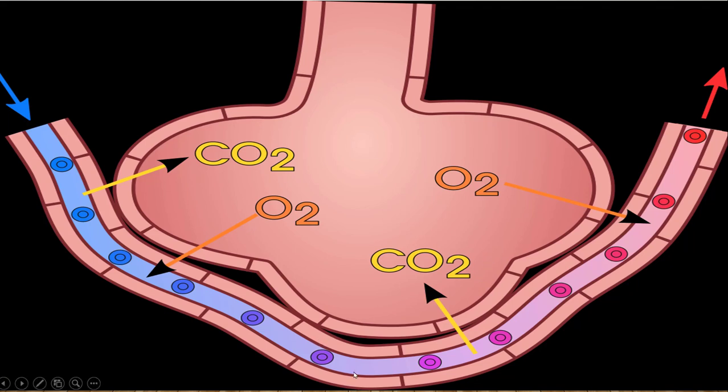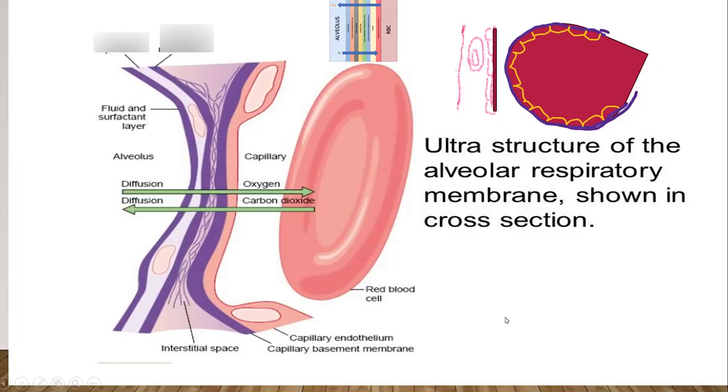Again, the capillary has a lumen, a single layer of endothelial cells and the basement membrane, and between the alveoli and the capillary is a thin space which is called the interstitial space. This is the ultrastructure of the alveolar respiratory membrane in cross section. On this side we have the capillary.